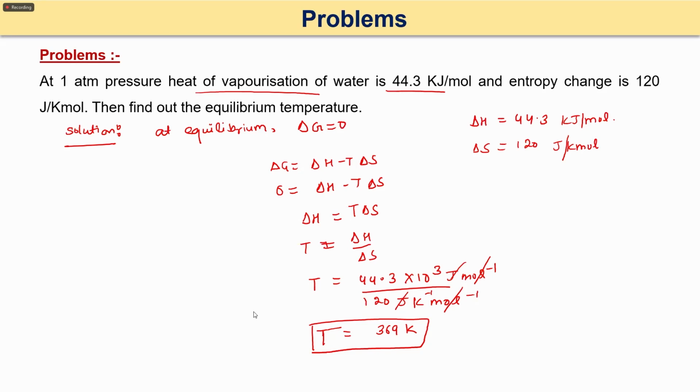State functions are the thermodynamic quantities that depend only on the initial and final state of the system, and path functions are the properties that depend on the path. For example, pressure, volume, and temperature are state functions, and heat, work, or energy due to any kind of energy are path functions.